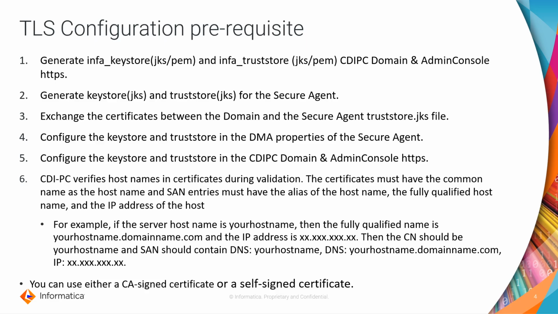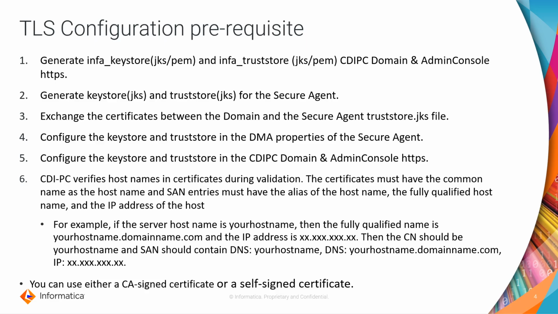Then in the certificate CN, common name, you should enter your host name, and the SAN must contain your host name, that is the short name of your host, and the fully qualified host name. The IP address is optional. If it is allowed, you can add it, else you can skip it.